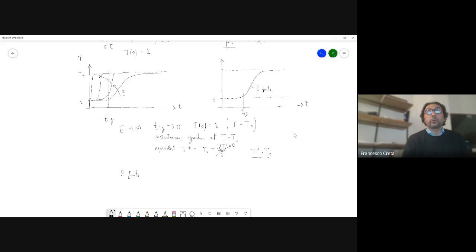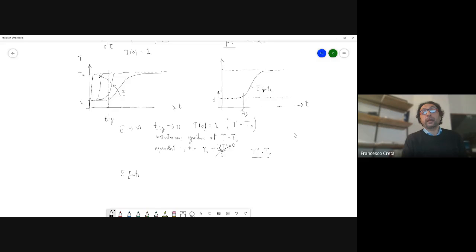We can raise the initial temperature, for example, from 1 to something bigger than 1, so we can increase it above T0. In this case, you don't have this increase in steepness of the temperature, that's something E regulates.